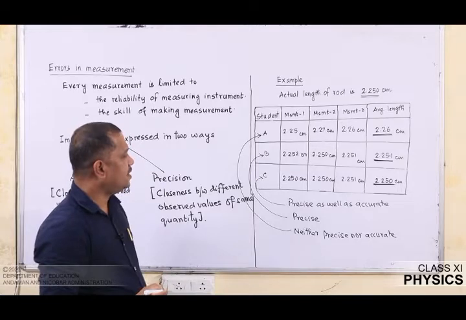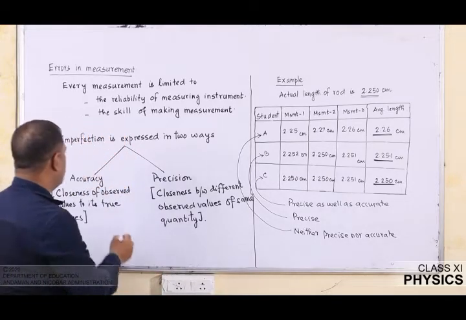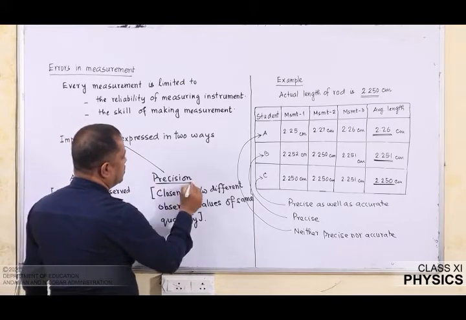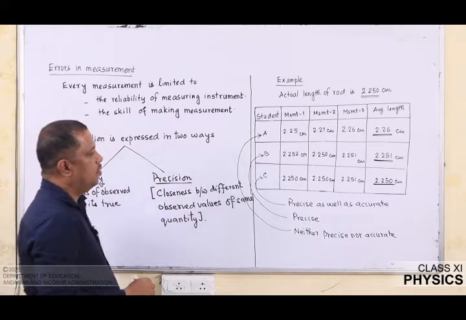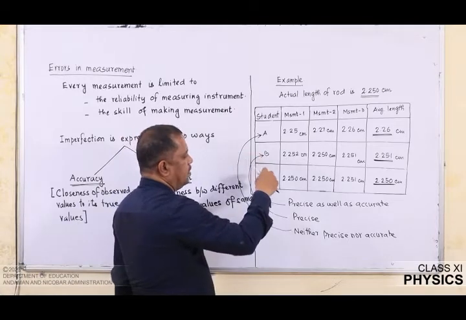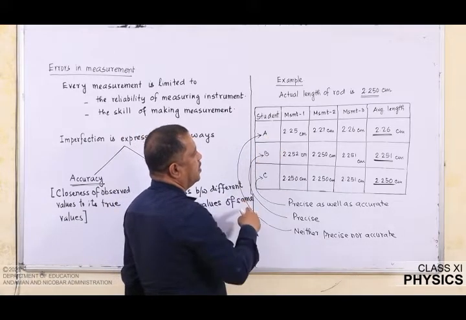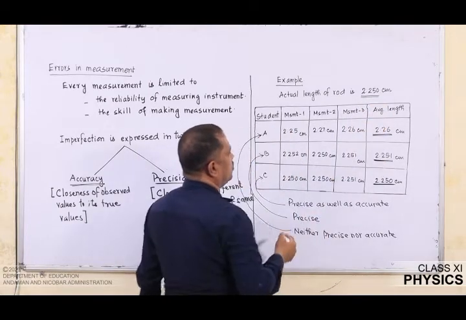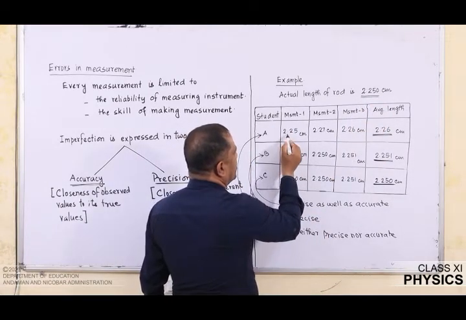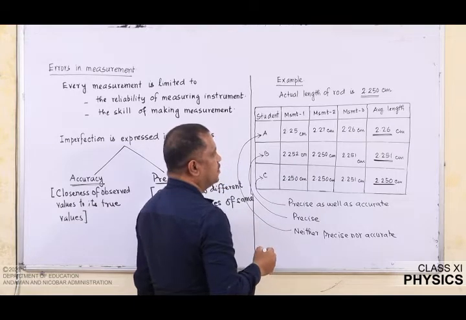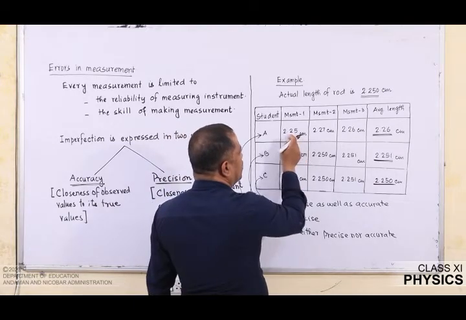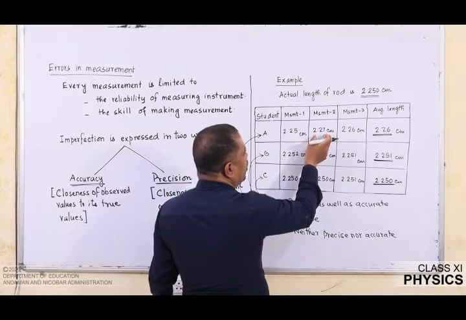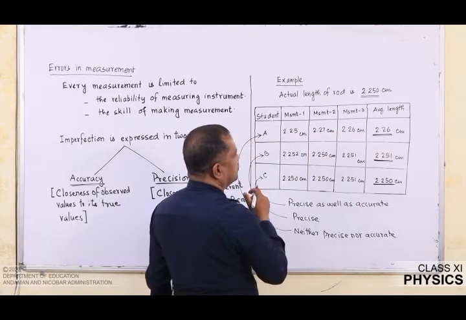Now, we want to make out the meaning of the words accurate, or accuracy, and precise, or precision. When we look at student A, 2.250 is the actual value. However, he has calculated it as 2.25, and the least count of the instrument is 0.01, and the other readings are 2.27, 2.26.